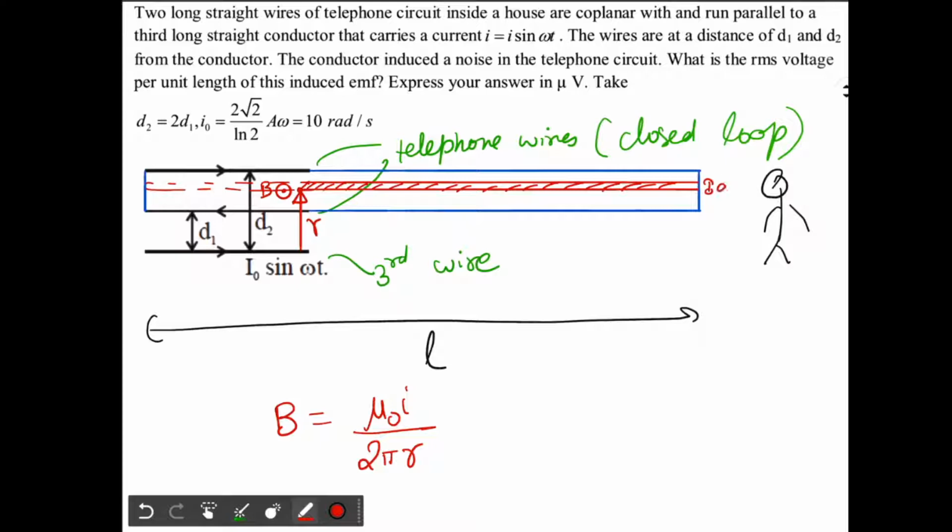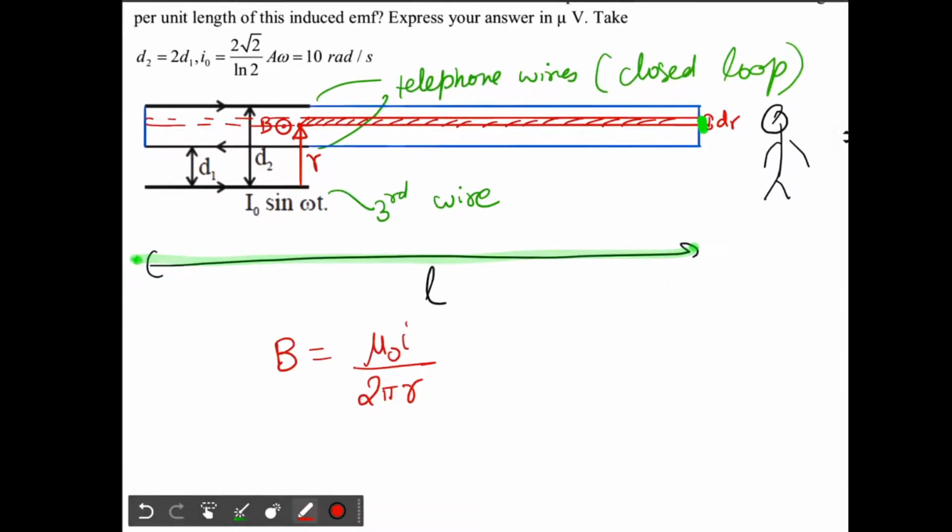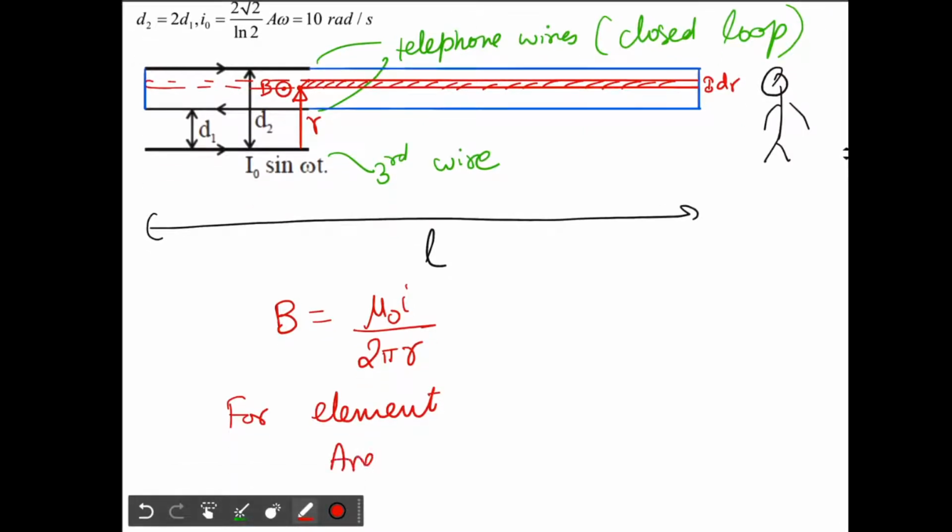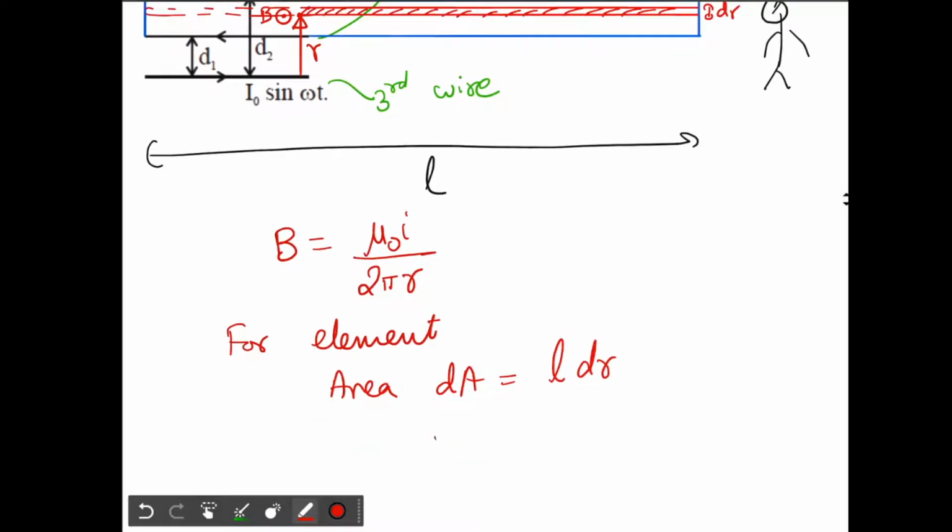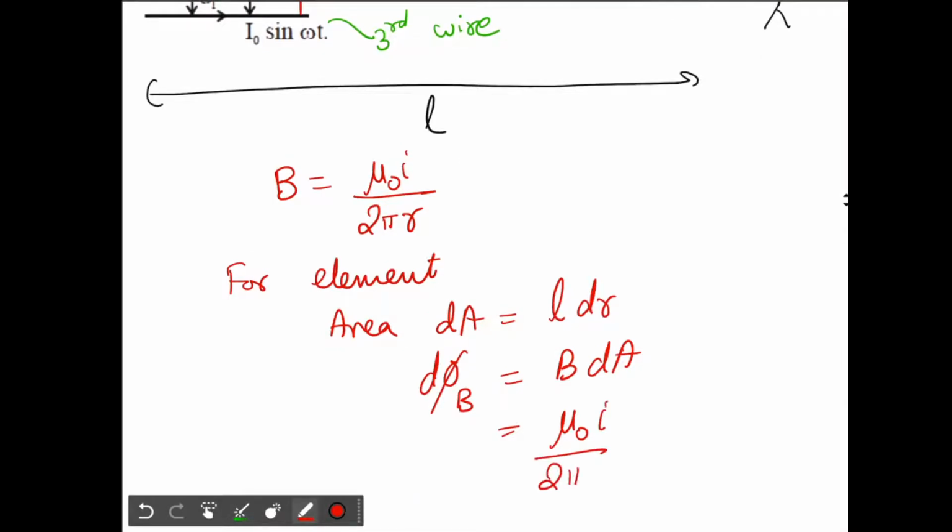The thickness of this element is dr. Its length will be L and thickness dr, so the area dA will be L times dr. The flux in the element will be B dA, where B is mu naught I by 2 pi r and dA is L dr.